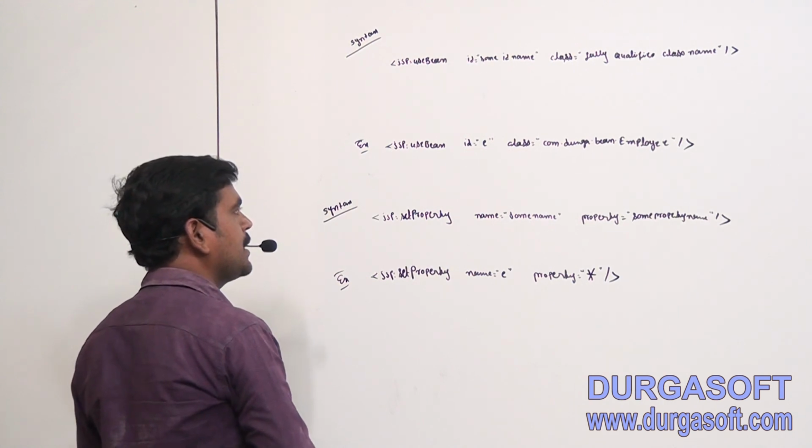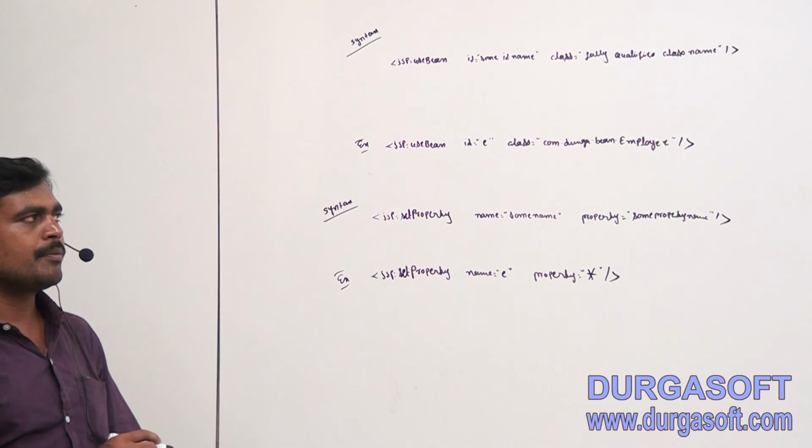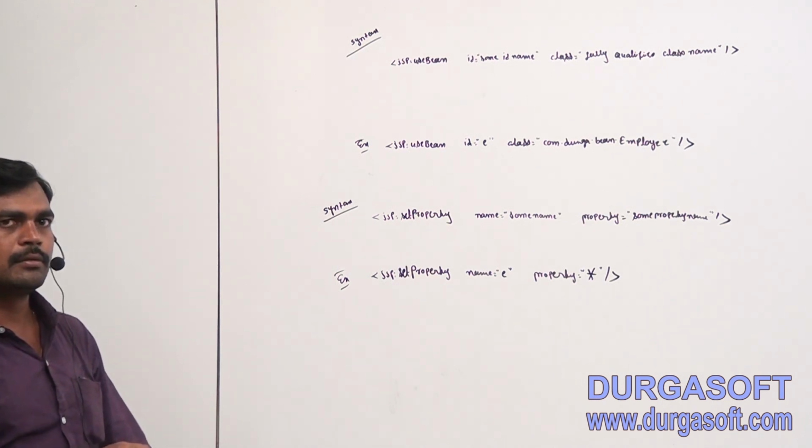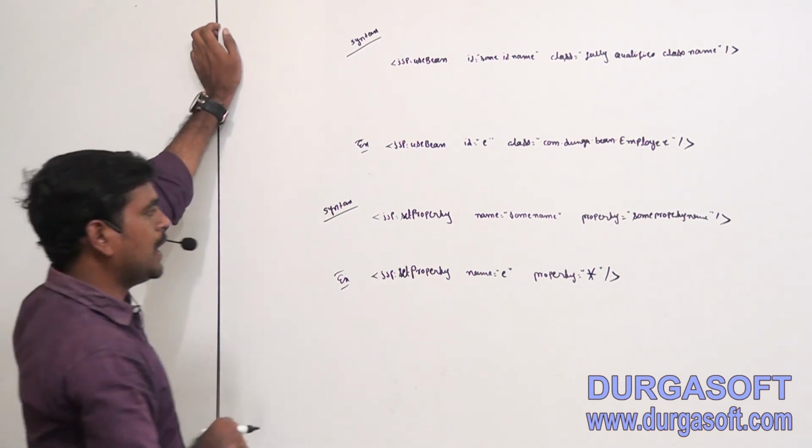The next one is getProperty. By using the getProperty action tag, we can get the value.